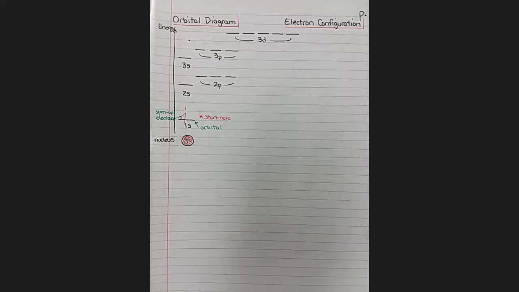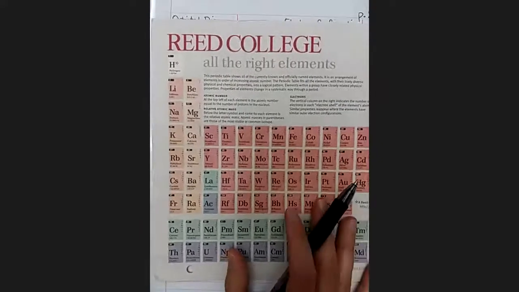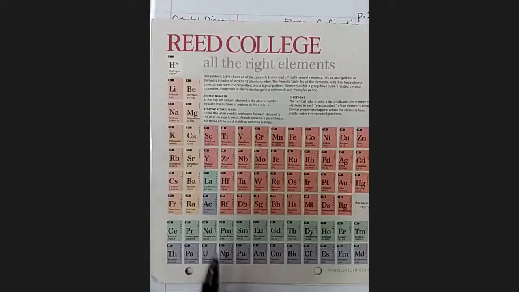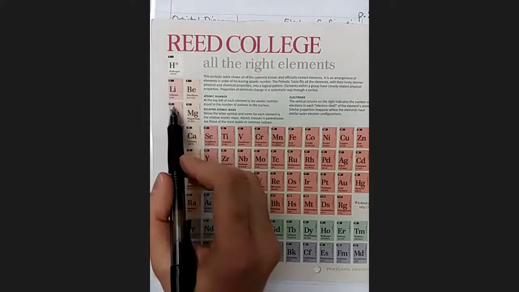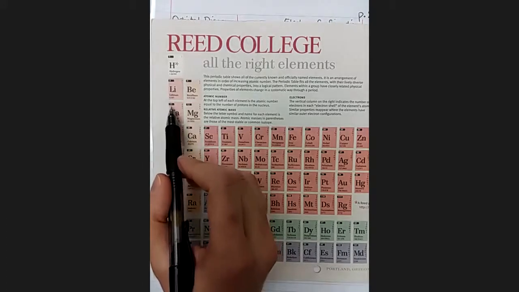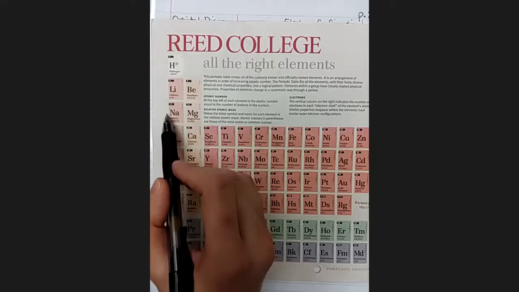And now let's think about all the things we learned way back in the last chapter when we talked about what protons were and what electrons were and what an element was. Here is our friend, the periodic table. And we said that in each of the boxes for the elements on the periodic table, there was an atomic number. That atomic number told us the number of protons that every atom of a particular element had, which is how we define the element.